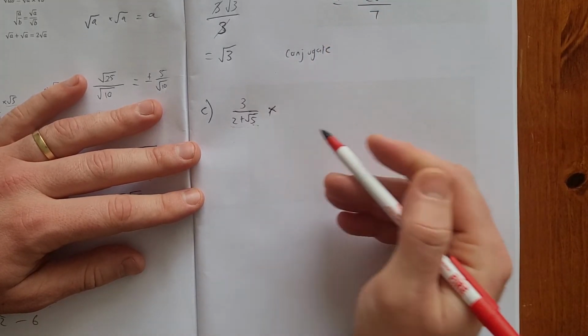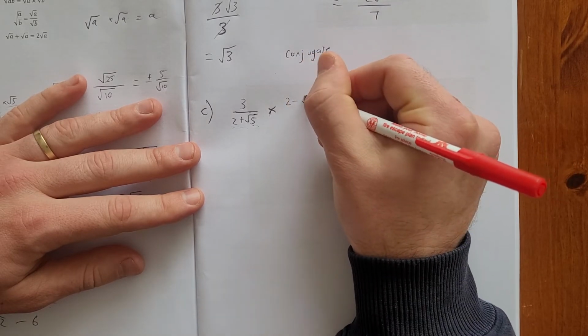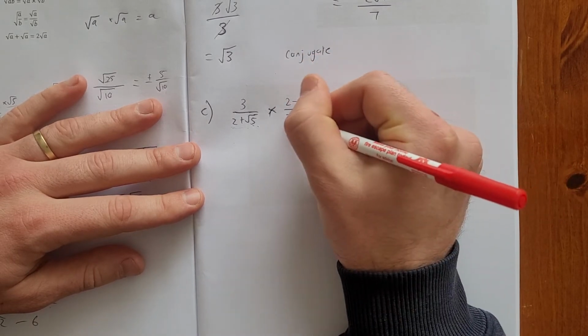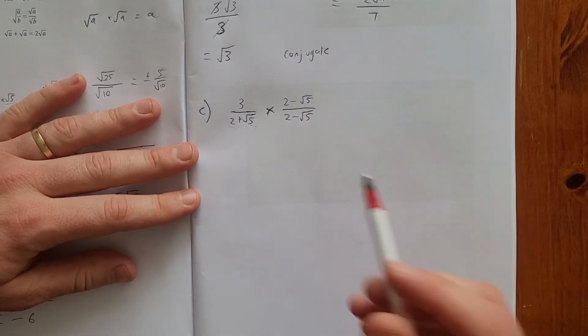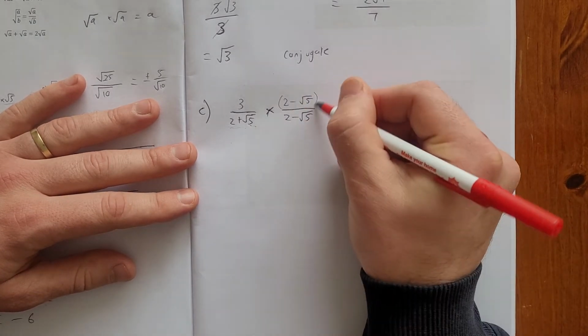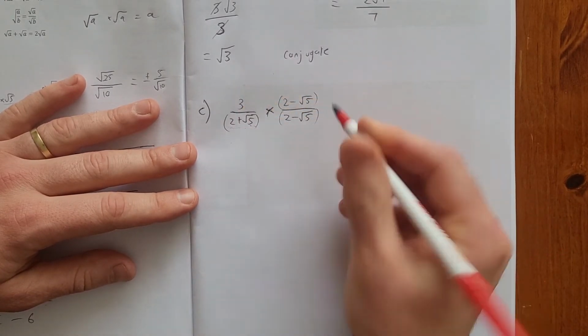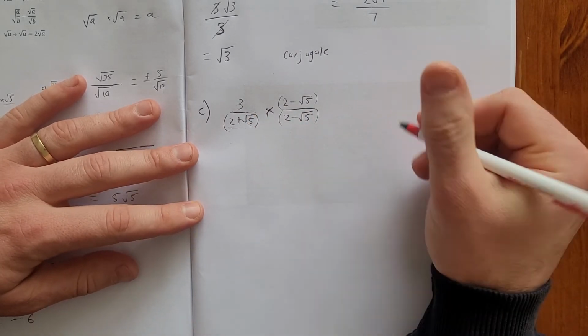So if we have 2 plus root 5, then the conjugate is 2 take root 5. Okay, and I'm going to show you why we multiply, when there's 2 terms, why we multiply it by the conjugate now. Okay, so what we've got, at the top we've got 3 times 2 take root 5, so that's just going to distribute, isn't it?